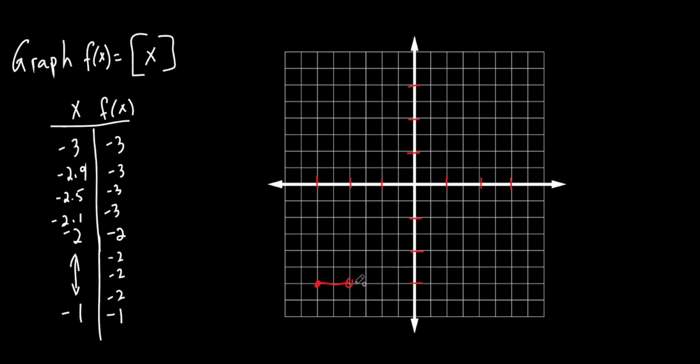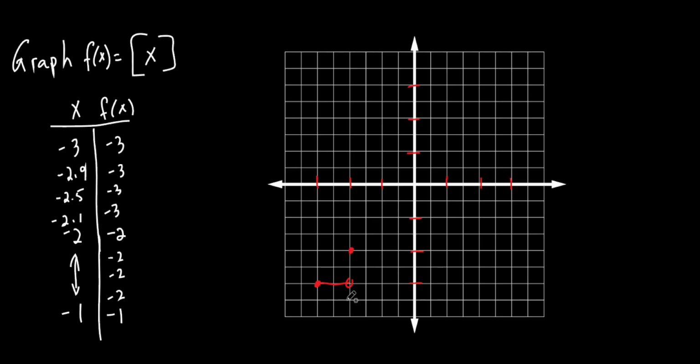Well, watch what I'm going to do. I'm going to put an open circle right there, because that could be -2.1, that could be -2.01, -2.001. I get closer and closer, but I'm never going to hit it until I go to -2 on the x-axis. Once I go to -2, now I can have a closed circle at -2.